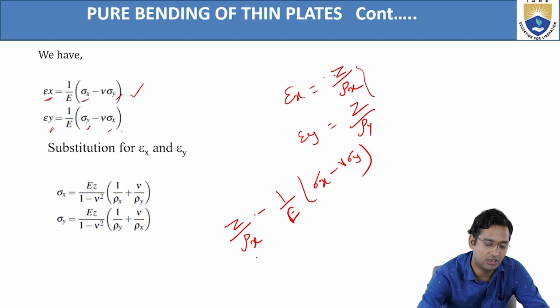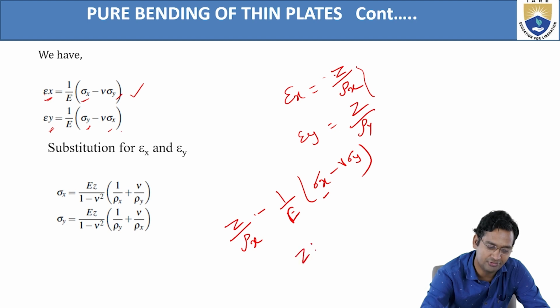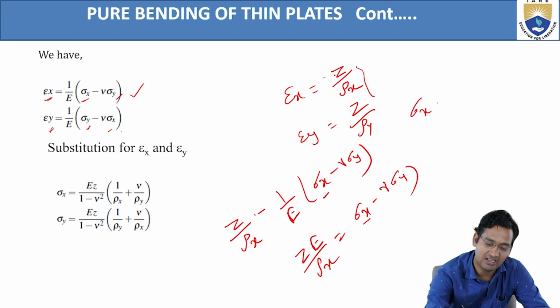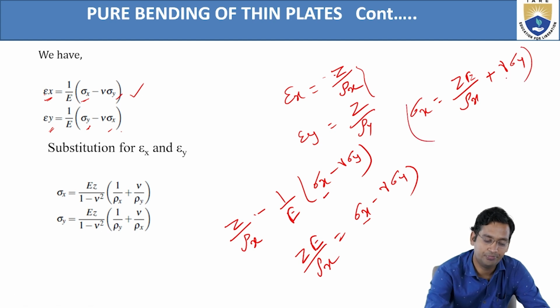We have to find sigma x from here. Cross multiplying, we get zE by rho x equals sigma x minus mu sigma y. Taking this to the other side, sigma x equals zE by rho x plus mu sigma y.